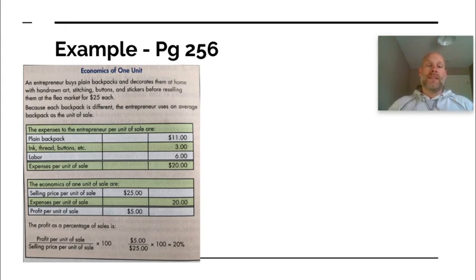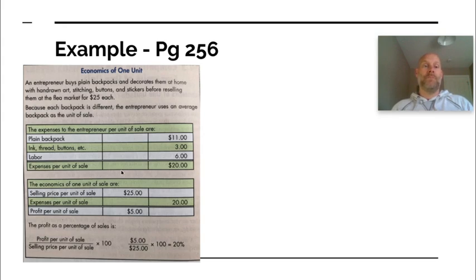If you look at the plain backpack, this entrepreneur spends $11 per backpack, spends $3 on the materials, so ink, thread, buttons, etc., and then calculates $6 per unit for labor. It doesn't get into how they calculate that, but it sounds like this entrepreneur is paying themselves about $6 per unit, or probably just averaging out. That's probably 2 backpacks an hour at $12 an hour, probably something like that.